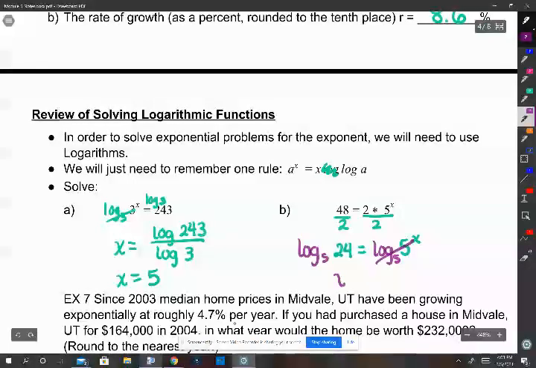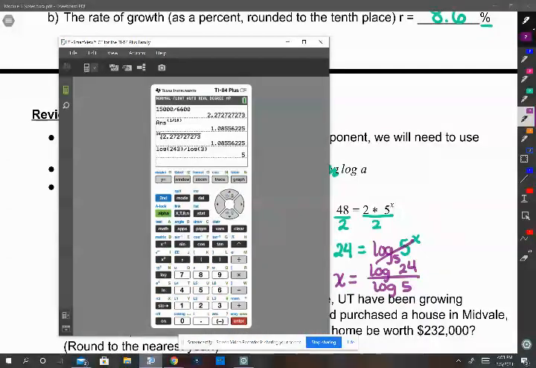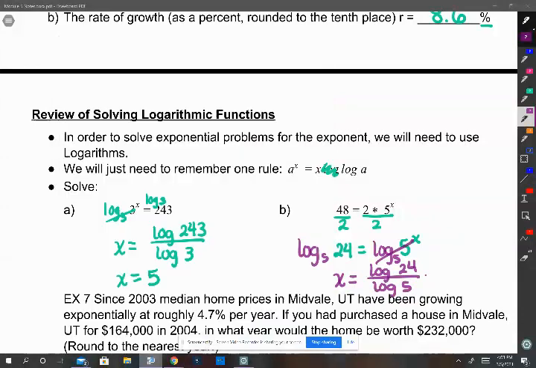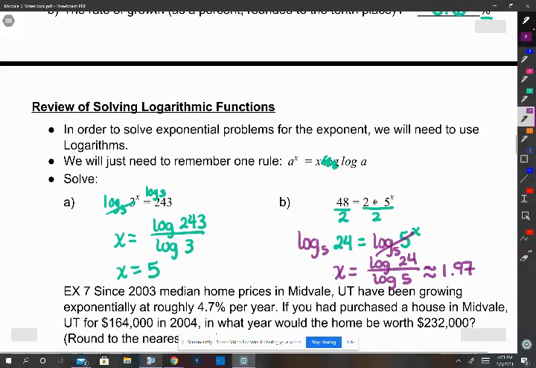And so in our calculator, x is equal to log 24 divided by log 5. We go log 24, close our parentheses, and that's really important that you close your parentheses, divided by log of 5, close your parentheses. And so we're going to get 1.97. Remember, as we're using this method to solve, we don't ever want to round until our very last step.